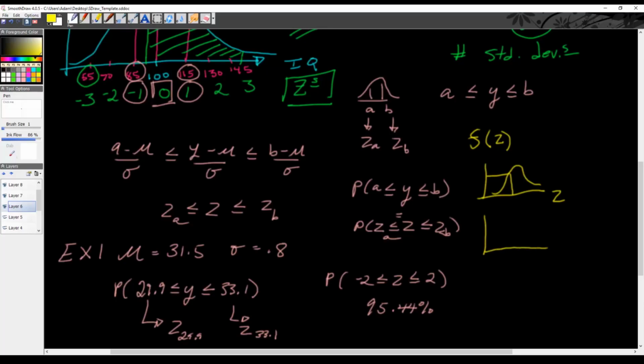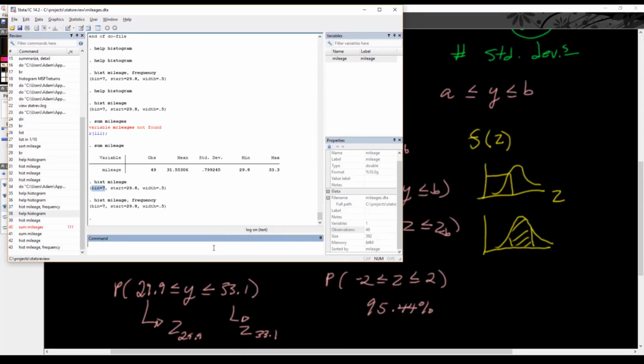And right now we're learning how to solve for these areas in between values. Well, there are Stata functions that make it possible to solve for these things automatically.